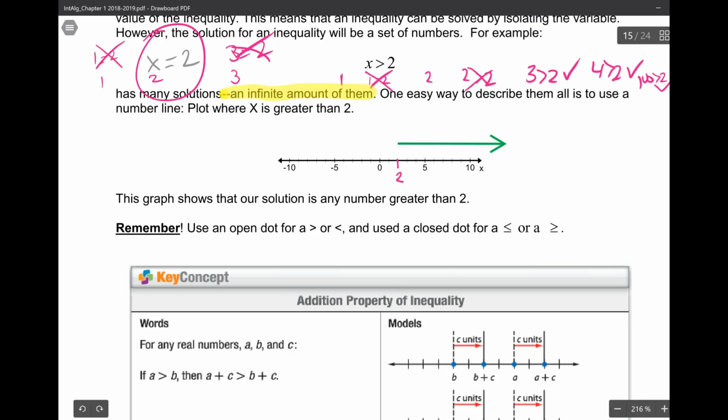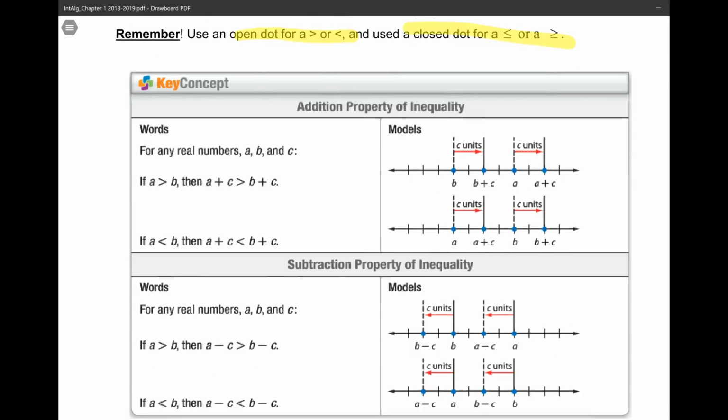Well, 2 is not a solution. 2 is not greater than 2, so I'm going to have an open circle. 2 is not included in my solution. So the graph shows that our solution is any number greater than 2. Remember, you use an open dot for greater than or less than, and closed for less than or equal to, or greater than or equal to.